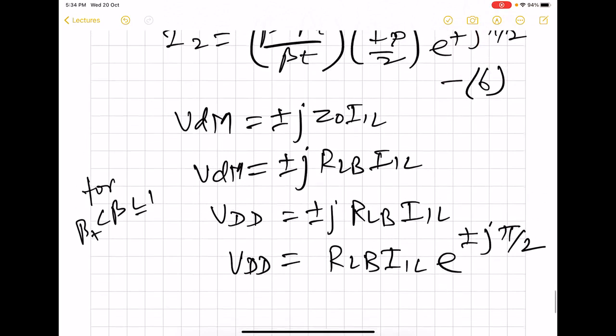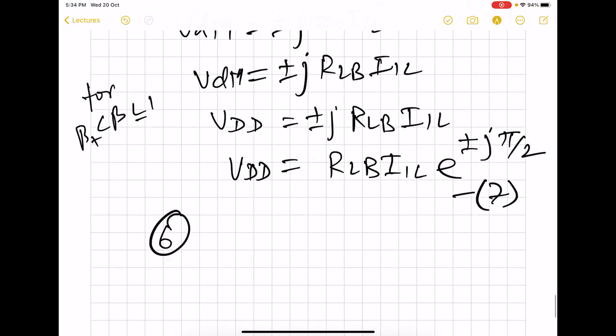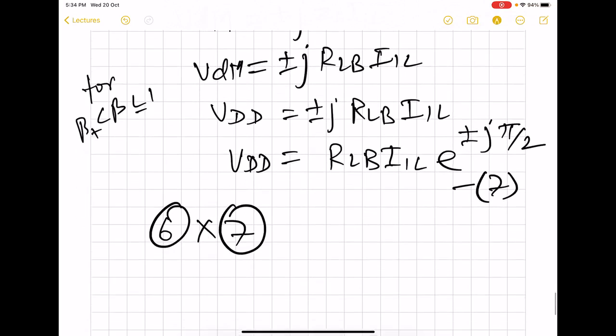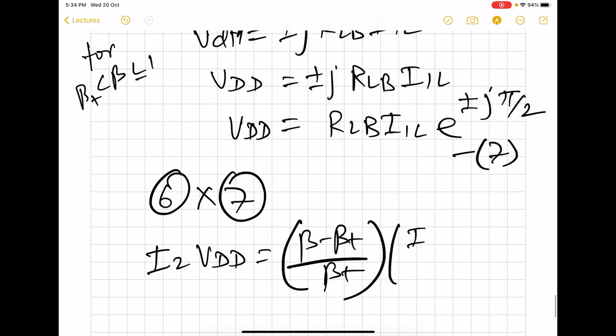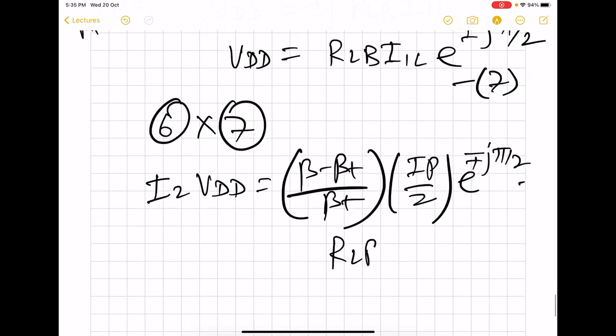So this is, let us say, equation number 7. So we can do 6 into 7. So that will give us I2 VDD square to beta minus beta t by beta t, IP by 2 raised to minus plus j pi by 2, into RLB I1L, e raised power plus minus j pi by 2.